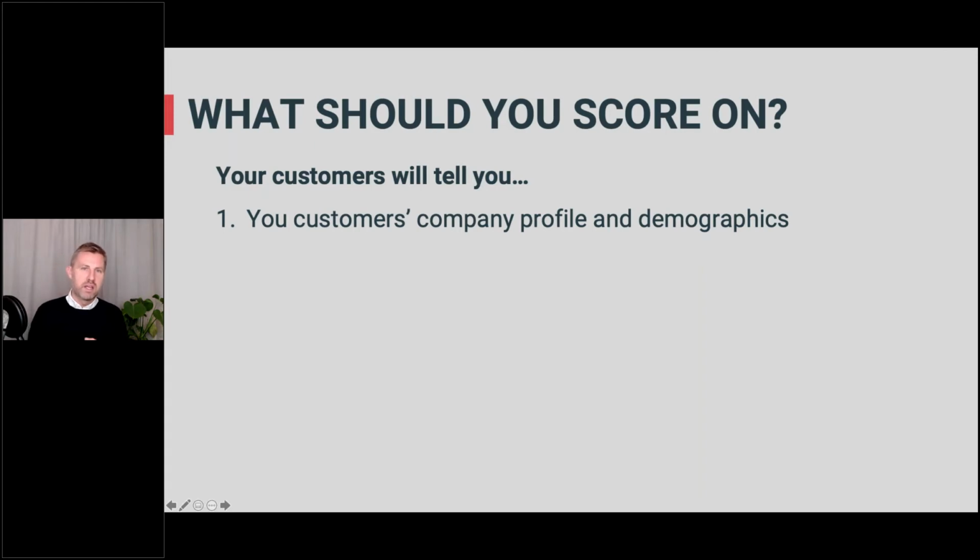Where are they based? What kind of industry are they in? What kind of job titles do they have? Can you find some common denominators that help you figure out that this type of company or these types of people are more likely to buy from us than others? Obviously, then you should score on those traits so they will surface in your lead scoring.